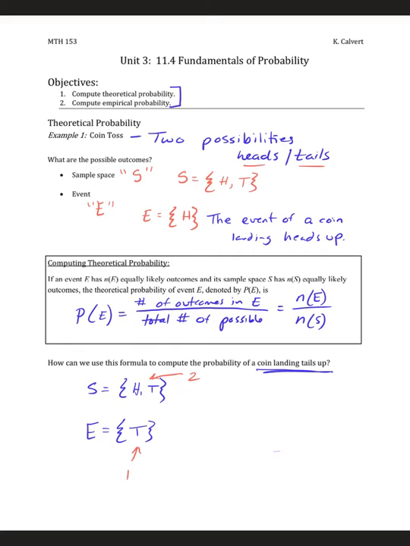So if we are using this formula, the number in the event divided by the number in the sample space, this would just be 1 out of 2, because there is one specific thing we're looking for, the event, and we are dividing it by the number in the sample space. We are going to always leave these answers as reduced fractions unless the directions specify otherwise. But we always want to make sure we reduce them.